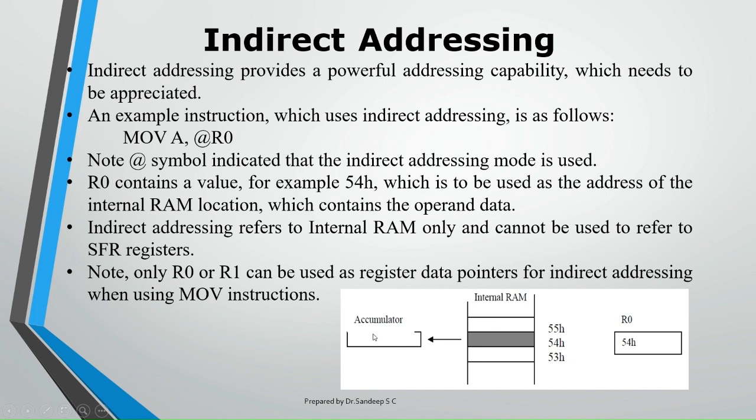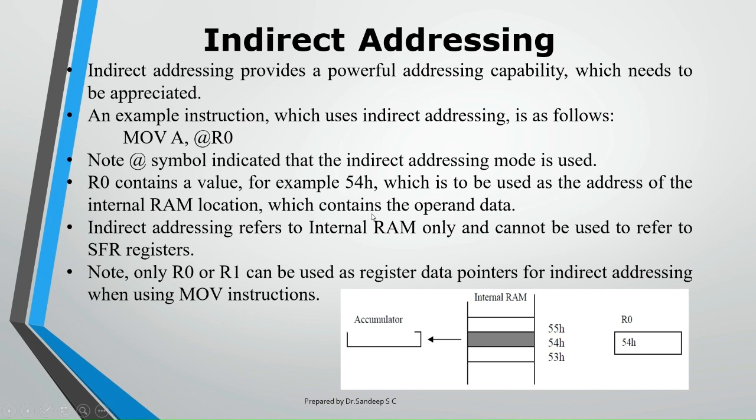and then the content of that memory location is copied to the accumulator. So here, instead of directly copying the content of R0, we are telling that R0 is having an address, and the microcontroller should read the data from that memory location in the data memory, and then copy that to the accumulator. This is indirect addressing mode.